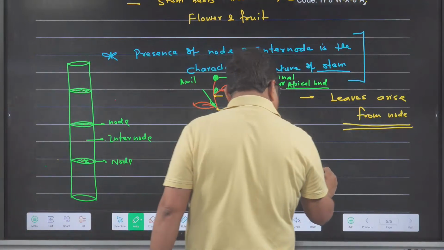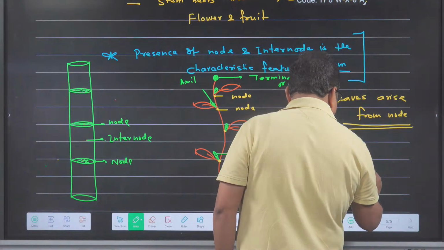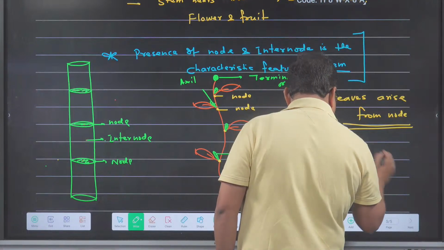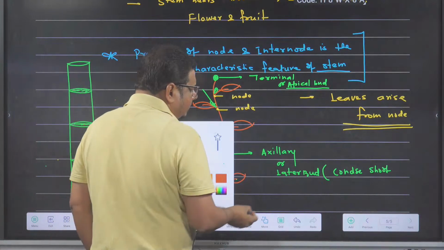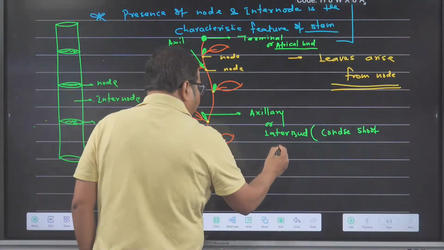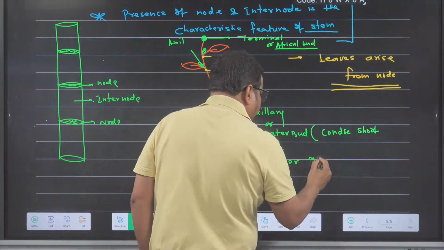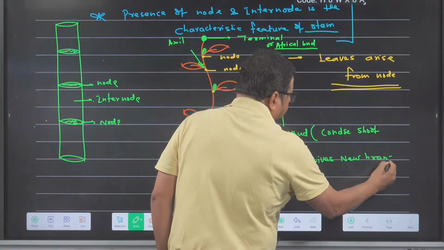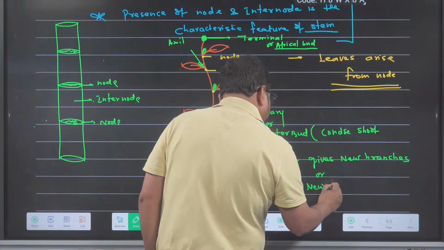What is bud basically? Bud is a condensed shoot. Now what happened? What is the future of this axillary bud? The future of axillary bud is it either gives new branches or new flower.